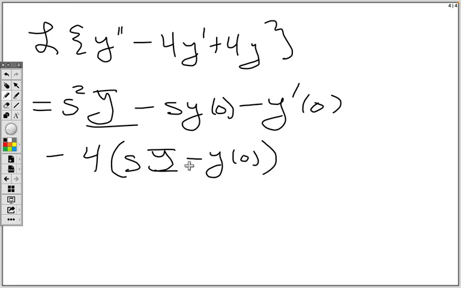So it's s times Laplace of y minus y at 0 plus 4 times the Laplace of y.